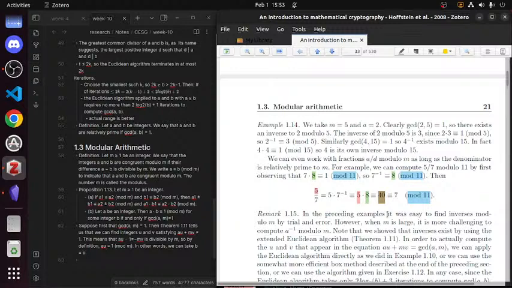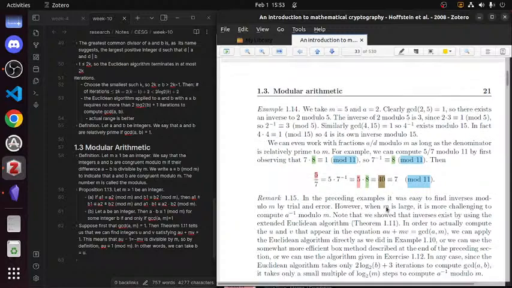wait, the whole thing equals 7 mod 11? 5 over 7 modulo 11 is 7 modulo 11? I feel like that's what this is saying, but now I'm going to have to ask.